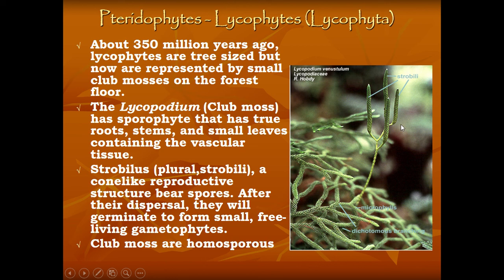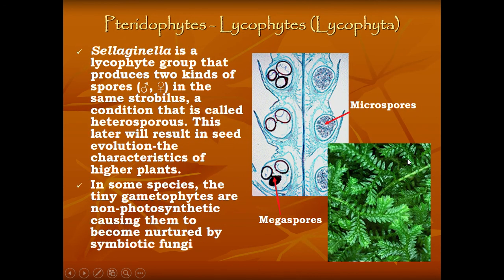After the dispersal of the spores, they will germinate to form very small and free-living gametophytes. An example of it is Selaginella, in which they will produce two kinds of spores, either male spores, microspores, or female spores, known as megaspores. In some species, the tiny gametophyte is non-photosynthetic, causing it to be nurtured by symbiotic fungi.